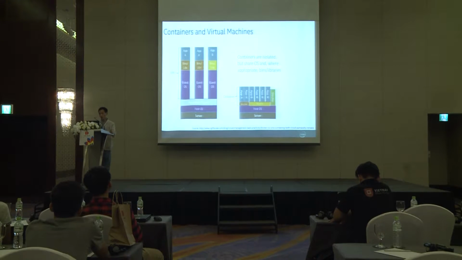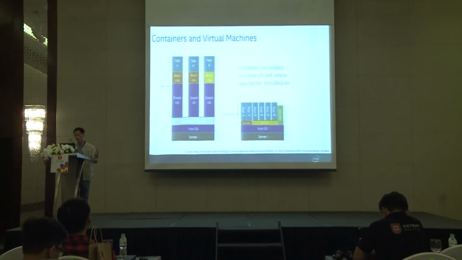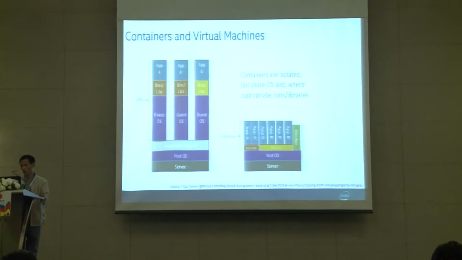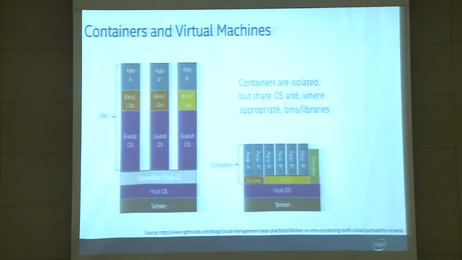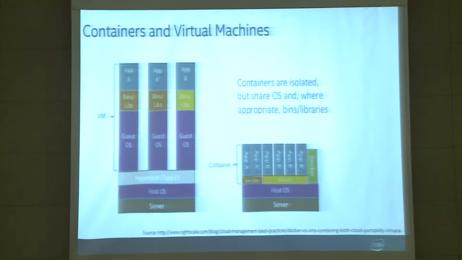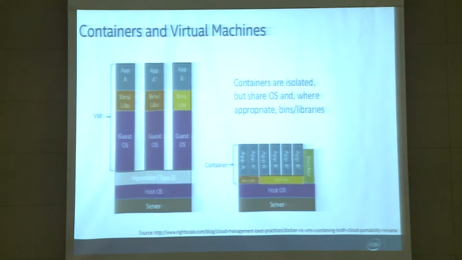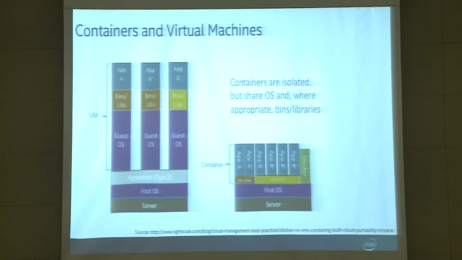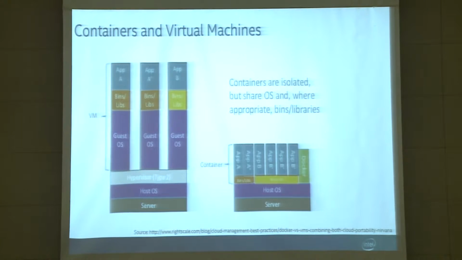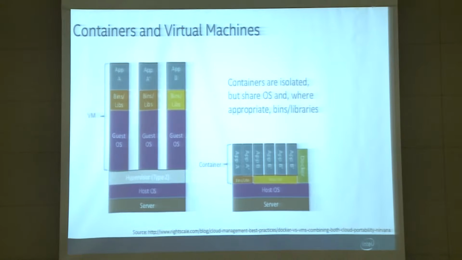Here is a comparison of container and virtual machine. I think the left side is virtual machine, the right side is container, right? In virtual machine technology, we have the hypervisor, and each virtual machine is launched by the hypervisor.